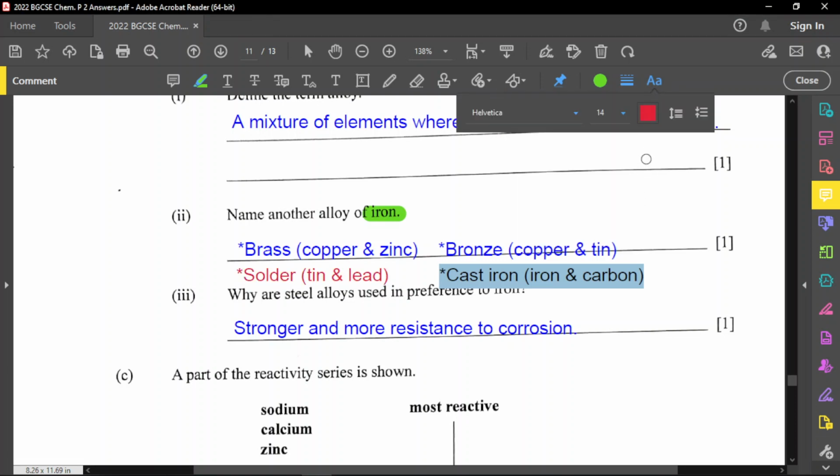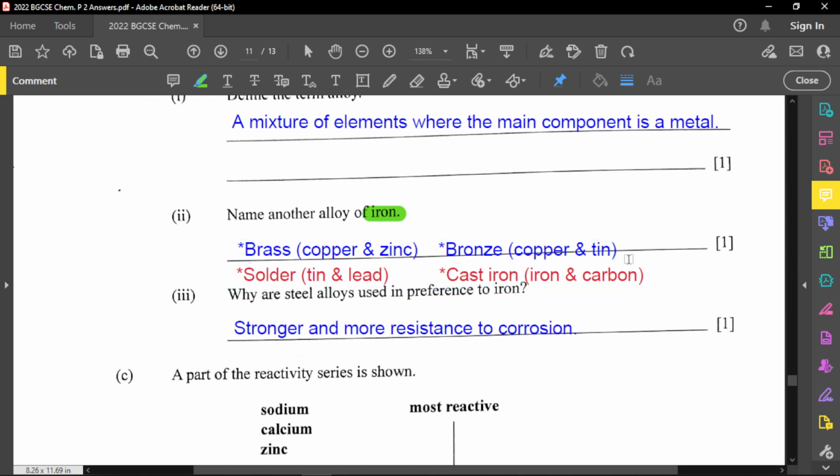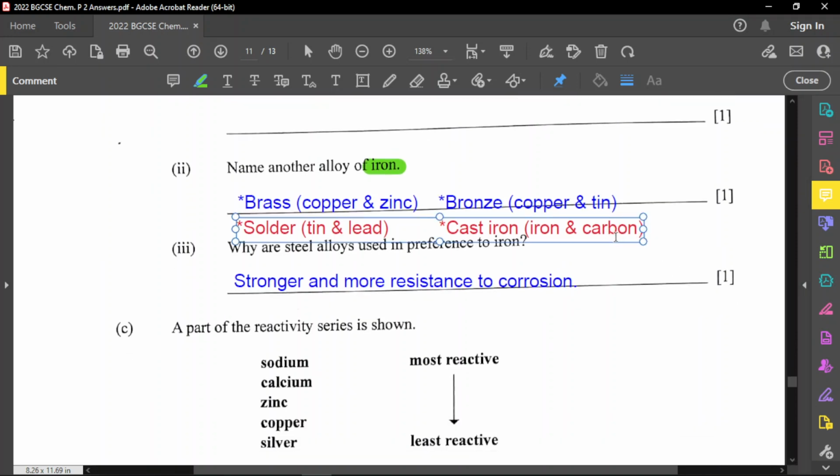Cast iron is made of iron and carbon. The others are just for you to know them. Bronze is copper and tin. Brass is copper and zinc. Solder is tin and lead. So the fourth option here in red is the answer for this particular question.